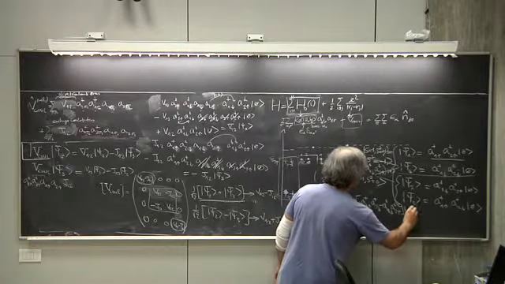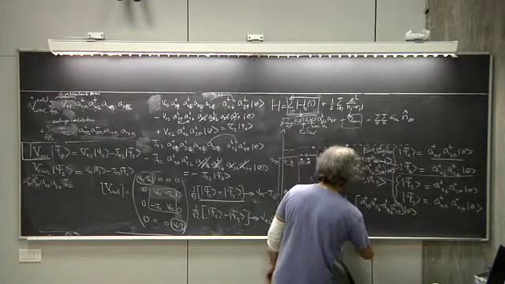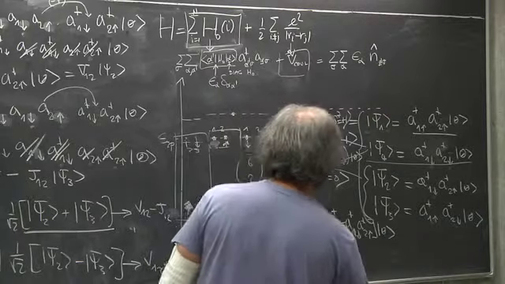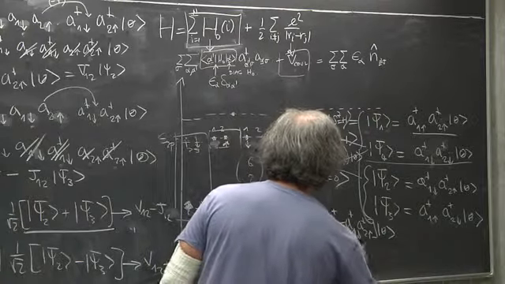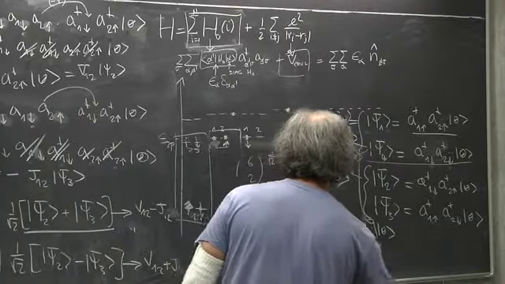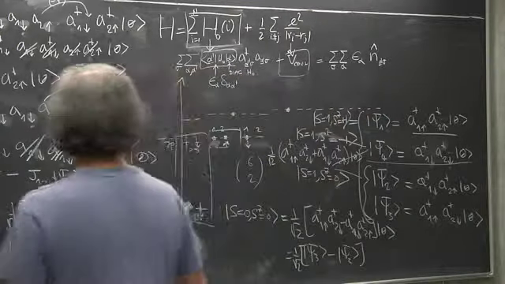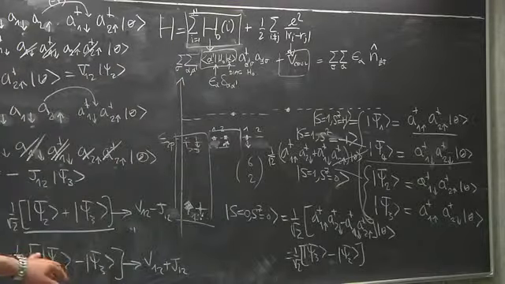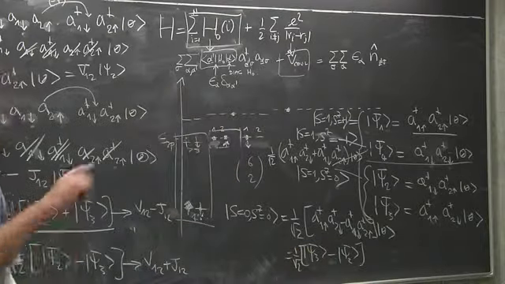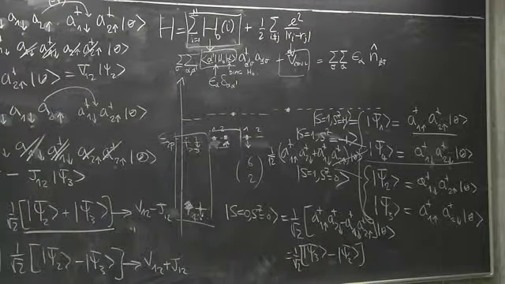Okay? This is essentially psi 3 minus psi 2. Okay? The combination with the minus. You can always change sign globally to a state, okay? So this state and that state that I have written there, which differ by a global minus sign, are exactly the same, okay?